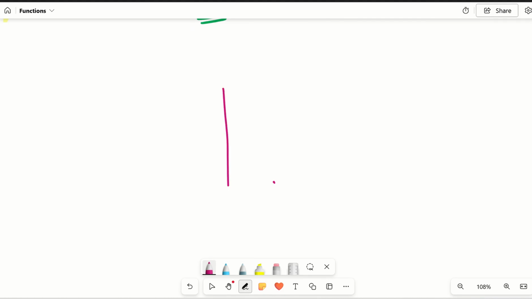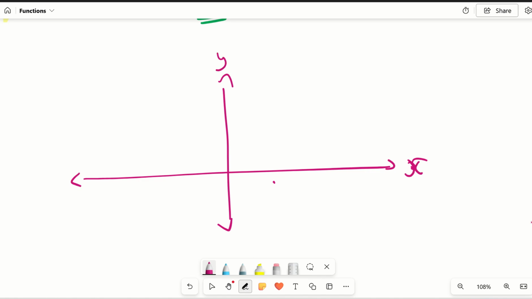If this is your Cartesian plane, and you've got a coordinate there, say (2, 3), and they ask you to reflect this point through the x-axis. That would mean you're going to reflect it through this line. You're going to put a mirror on the x-axis, facing up.